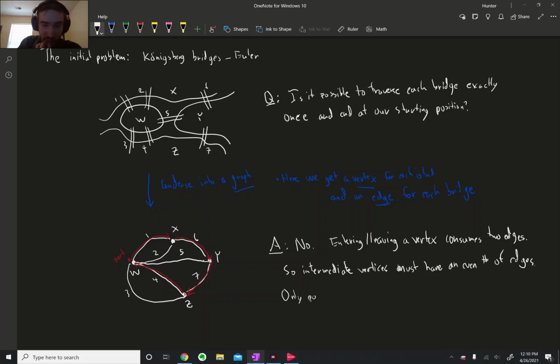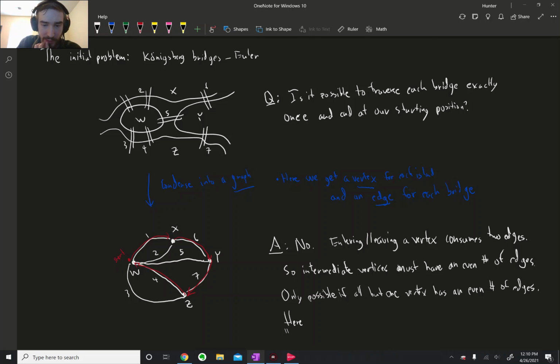So this problem is only possible if all but one vertex, all but one island, has an even number of edges, of bridges.